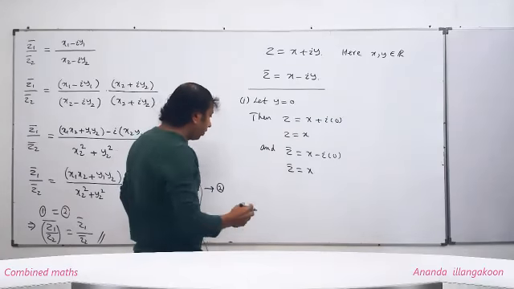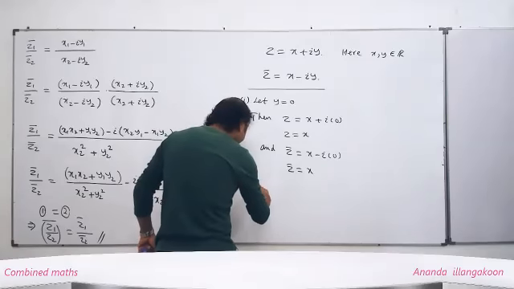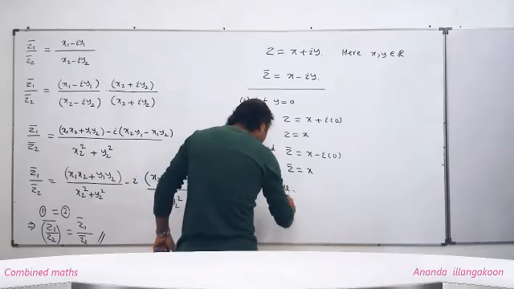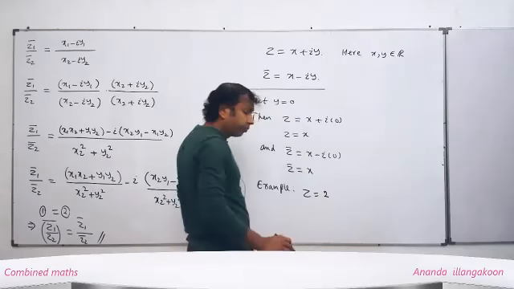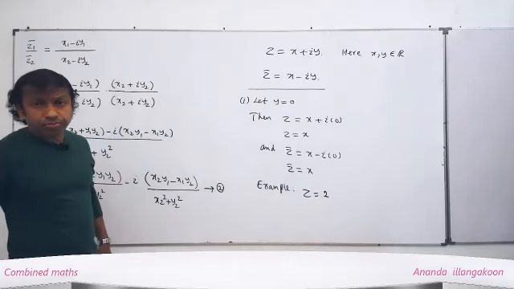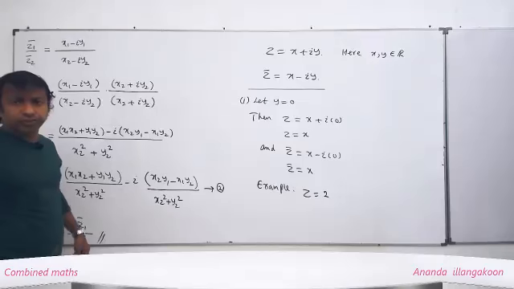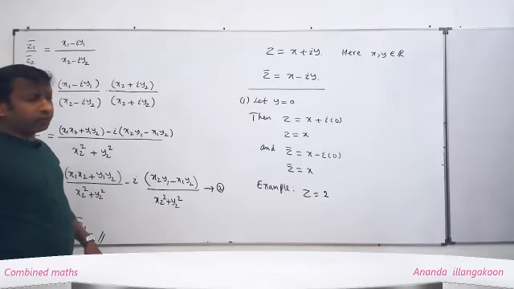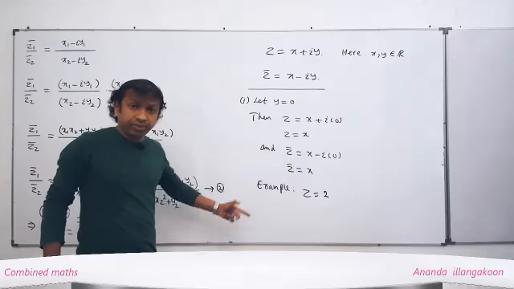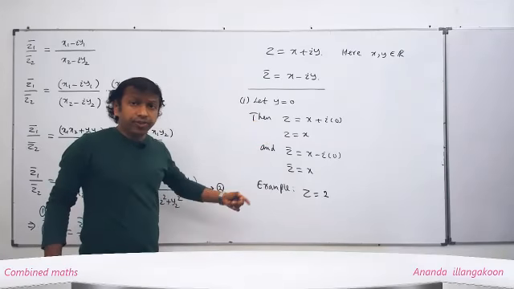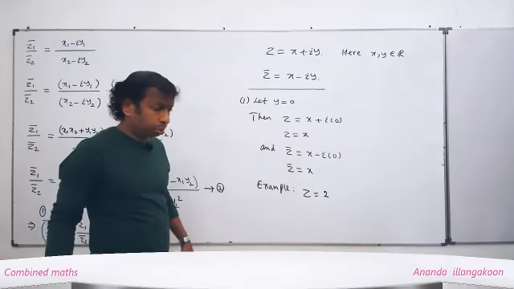Then, for example, z equals 2. Z equals 2 is a complex number, but it is purely real because the imaginary part is 0. Then what is z bar according to this result? Z bar is 2.